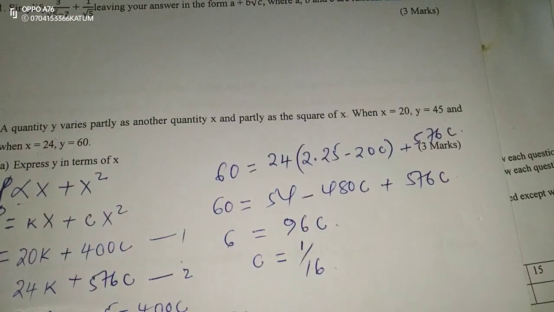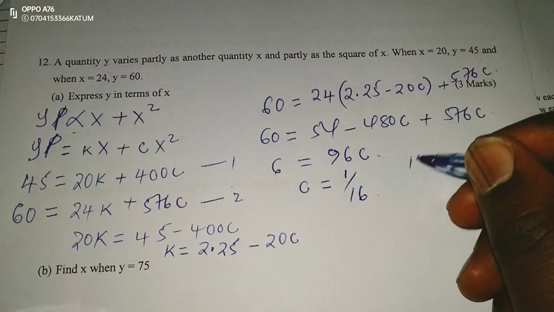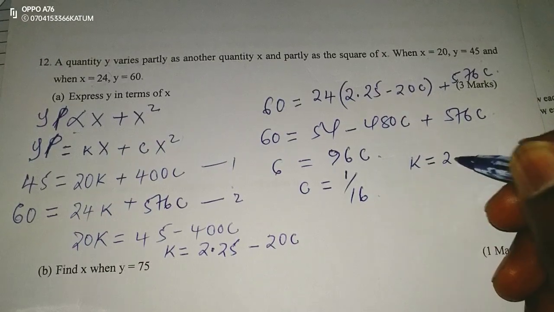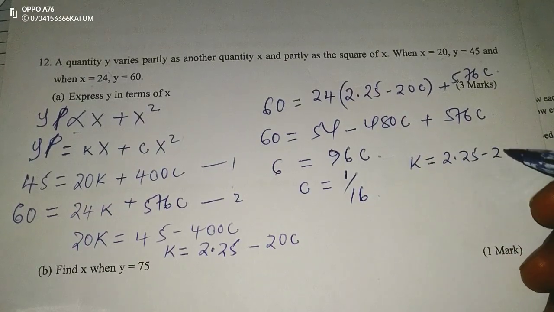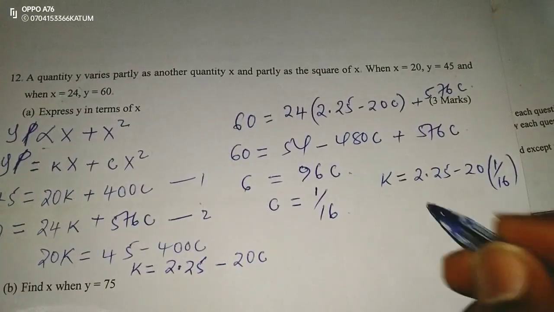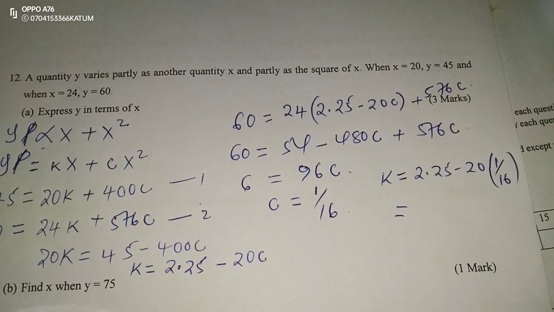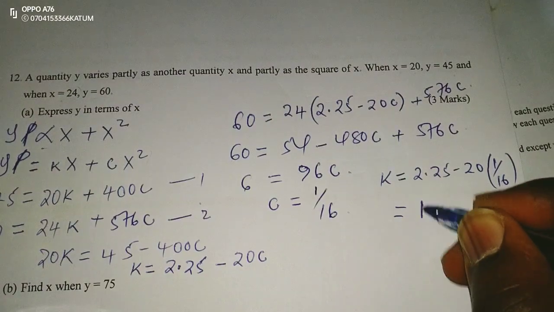And now that we have c, we can get the value of k by saying k equals 2.25 minus 20c, where c is 1 over 16. Therefore we take 2.25 minus 20 multiplied by the answer. This is going to give us exactly 1.